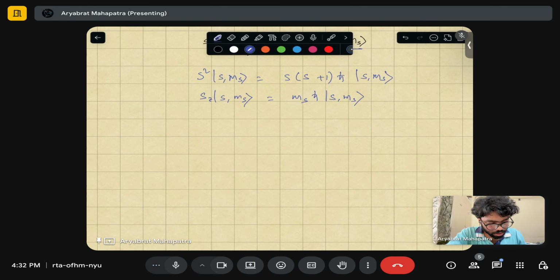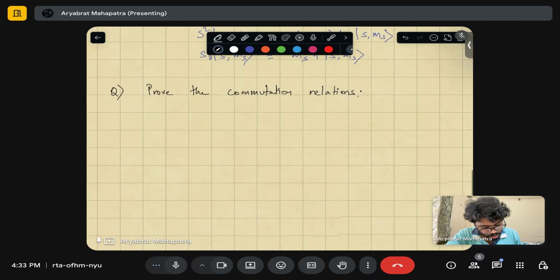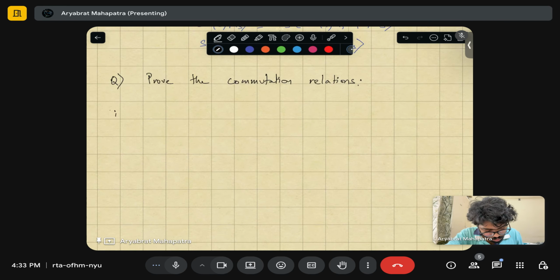So right, we can see some questions right here. First, let's prove the commutation relations. This is the one which I initially was telling.